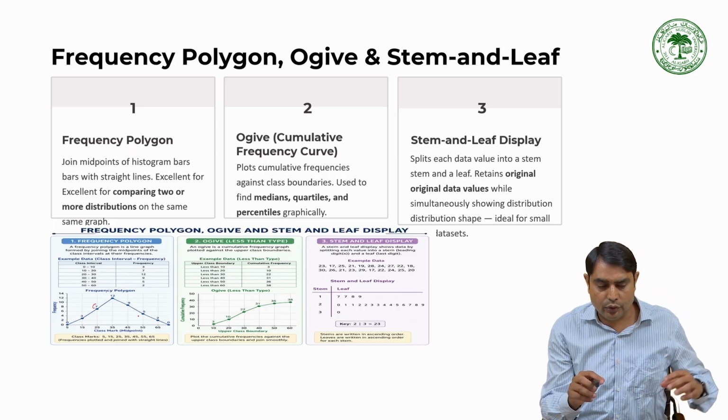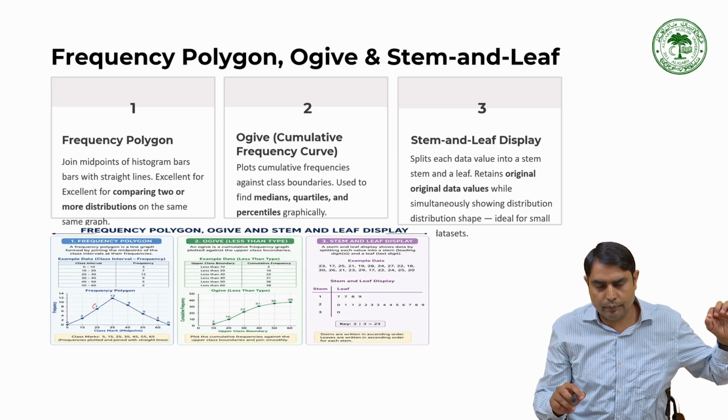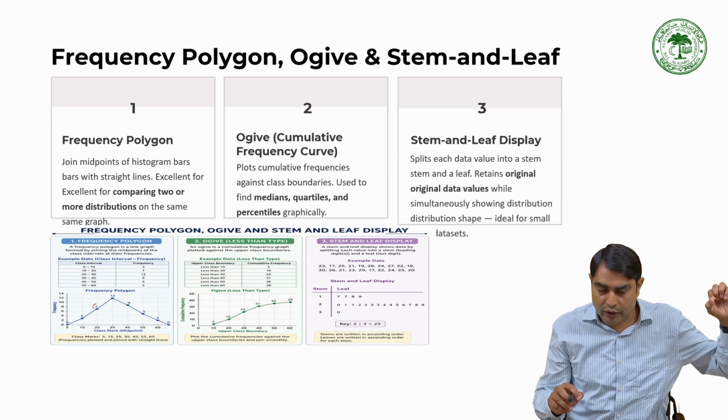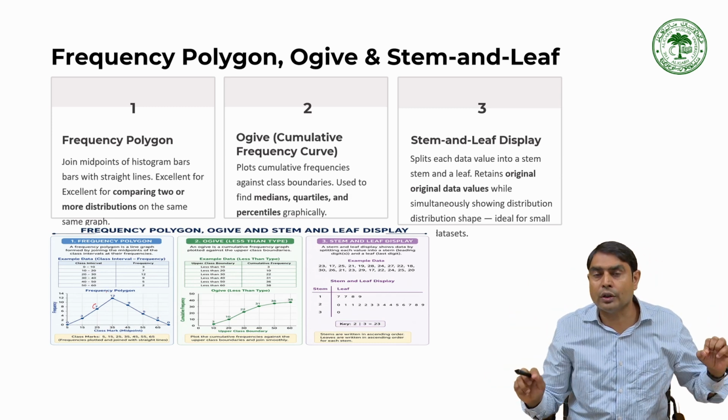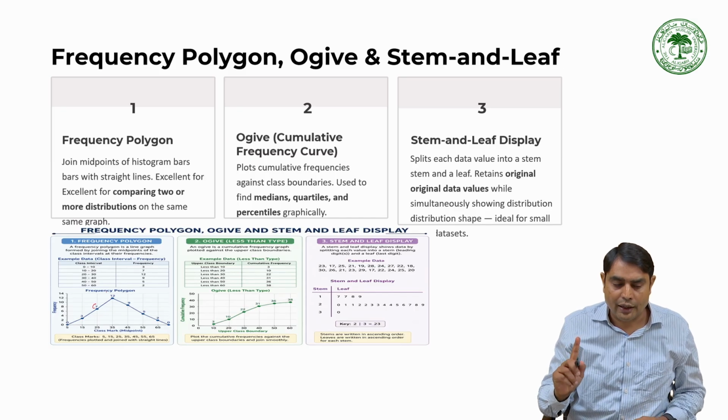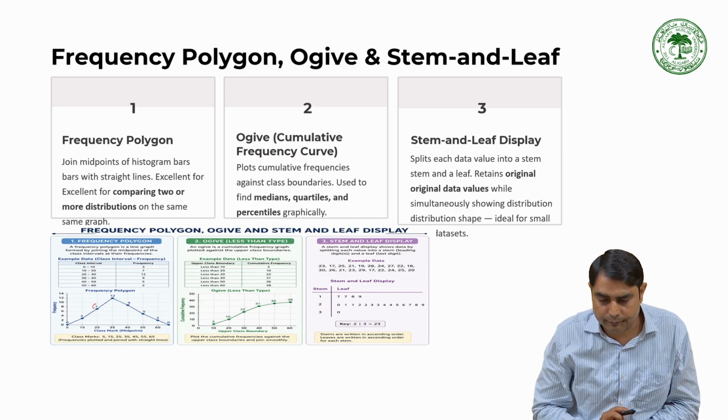So what you are doing, you are actually plotting a dot for each class, and then you are connecting all the dots using one line, and that line is your frequency polygon.